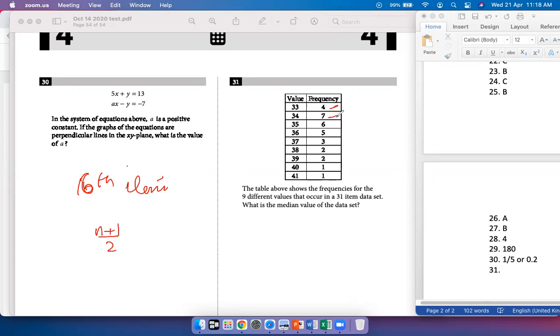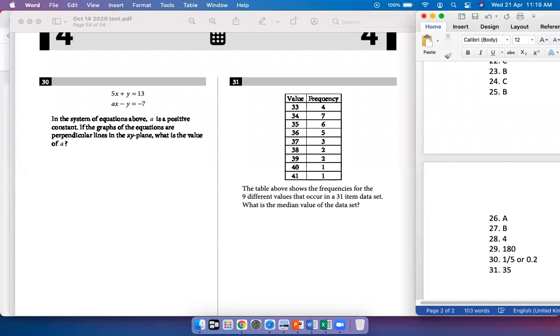So 4 plus 7, 11, 11 plus 6, 17, right? So the 16th item occurs here, which is 35, because till 11th you have 34, and from 12th to 17th items, each of them is 35. So the 16th item is 35, and so that's the median of the set.